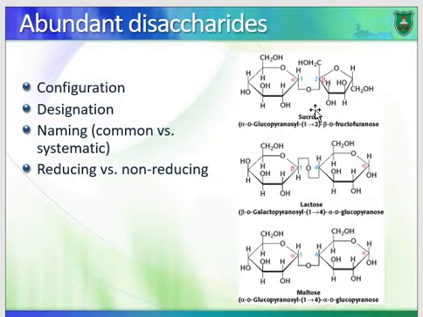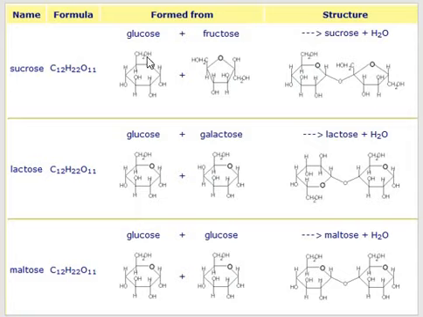This is again to show you these sugars. Saccharose is made of glucose and fructose, these 2 hexoses.